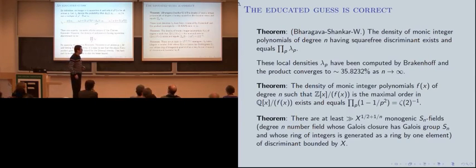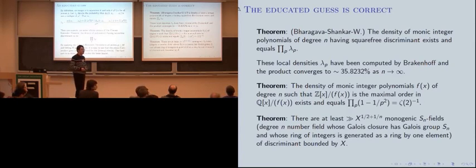I probably won't have time to talk about the last theorem, but the general idea is it turns out that 100% of these polynomials will give distinct rings. If you just look at Z[x] mod f(x), they will usually be distinct. And we distinguish them by viewing them as lattices in R^n. And Piper will speak more about the shape of the lattice tomorrow. Then we use our result on square-free discriminant to say that if we know that these rings are distinct, then being the ring of integers also tells you that the fields are distinct.